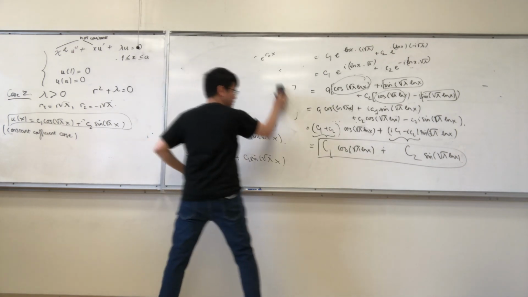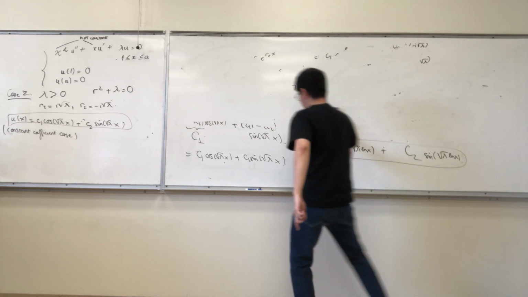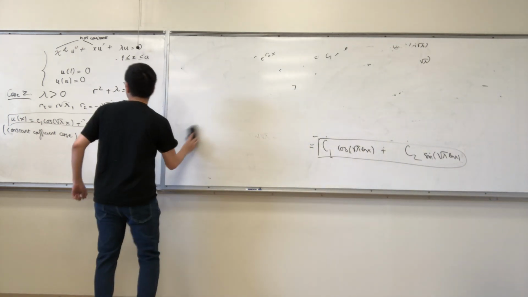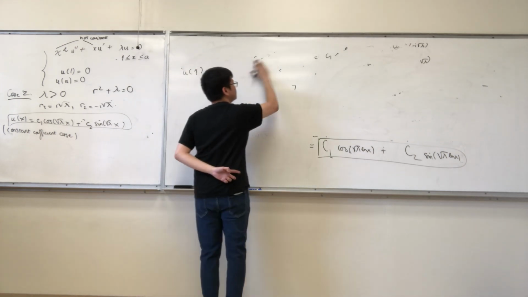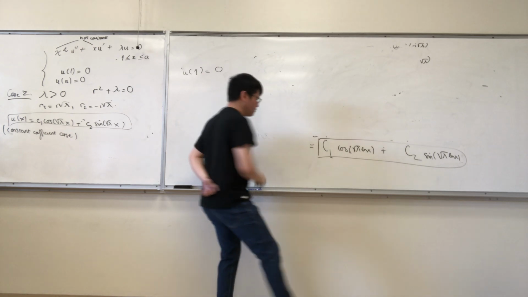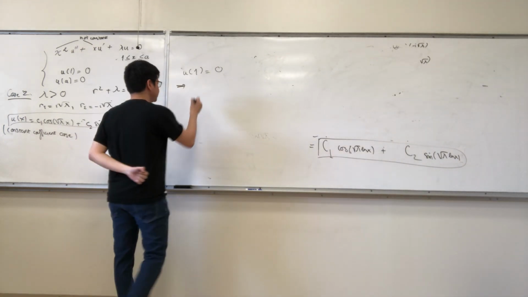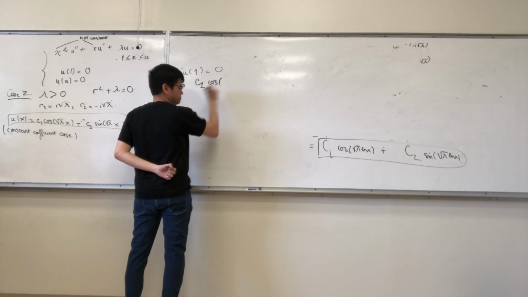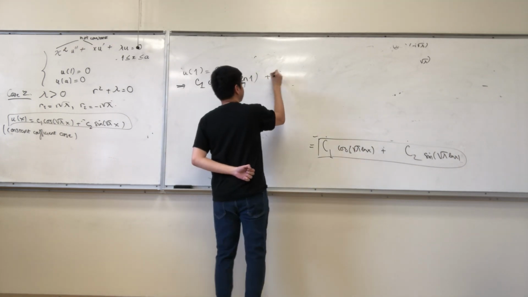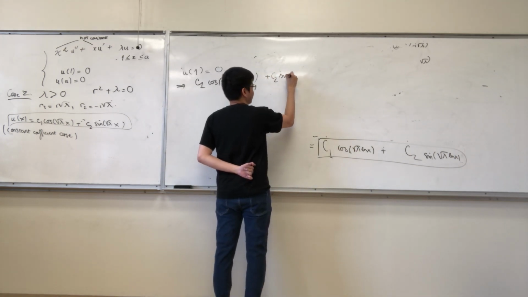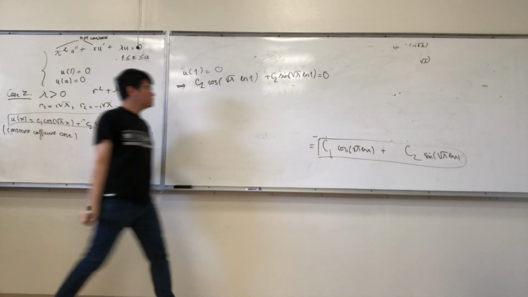This is the formula that we got, and we have to solve the boundary value problem. Now u(1) is 0, which means c1 cosine of square root lambda log 1 plus c2 sine of square root lambda log 1 is 0.